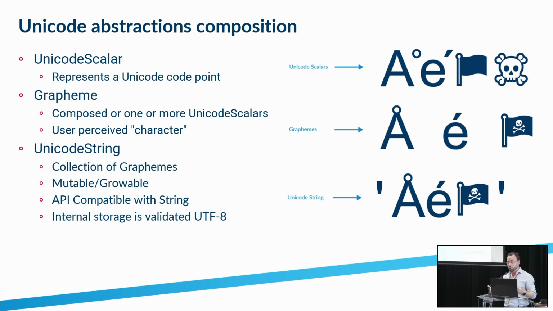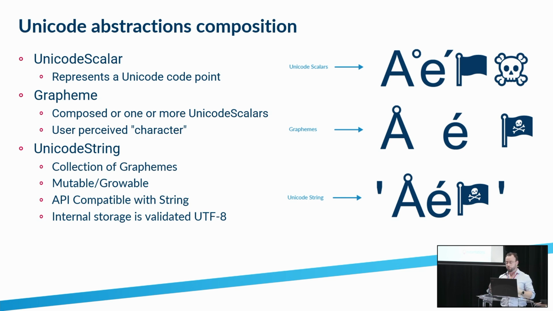And then we have the Unicode string that is a collection of graphemes. One of the things that is different to the string implementation in older dialects and in VAST as well is that this is a growable collection. It's not that when we reach a certain size, we have to copy and extend it and become the new thing. Its API is largely compatible with the regular string.